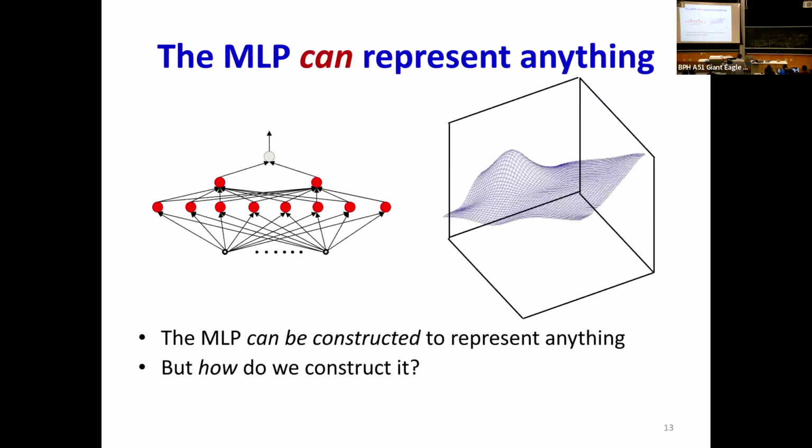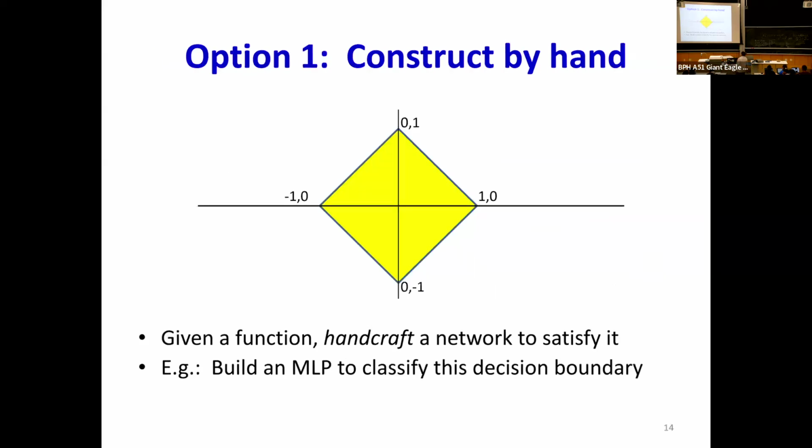Now, how exactly do we construct this? I've given us a network. There's a function that it must compute. How do I set the parameters W of the network so that the network computes exactly this function and not something else? Now, for very simple functions like this one, where we have a diamond-shaped decision boundary, and we want the network to output a 1 inside and 0 outside, you can just handcraft the network.